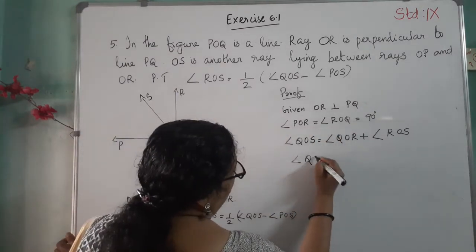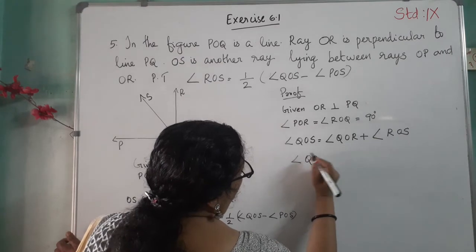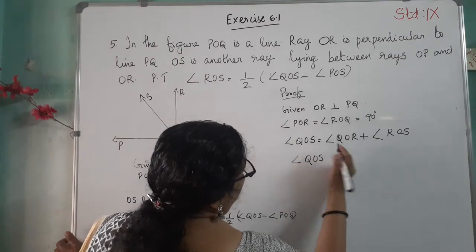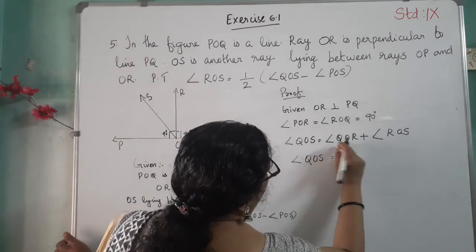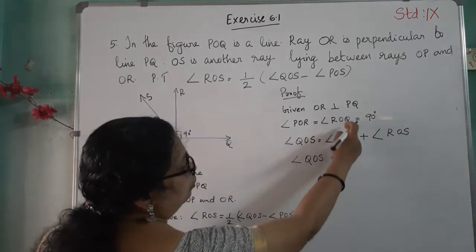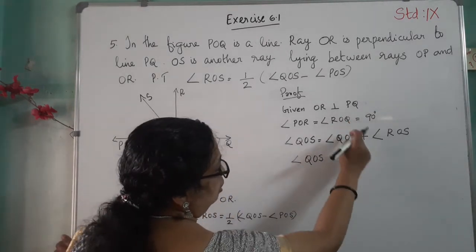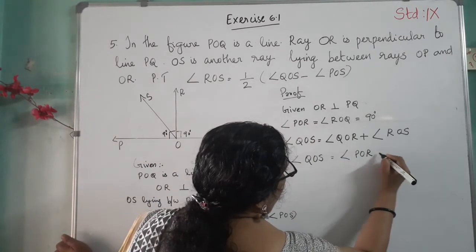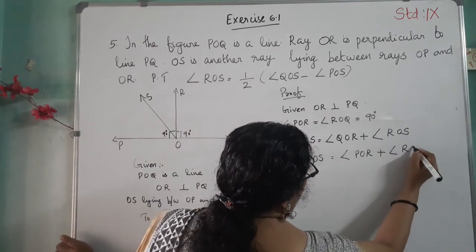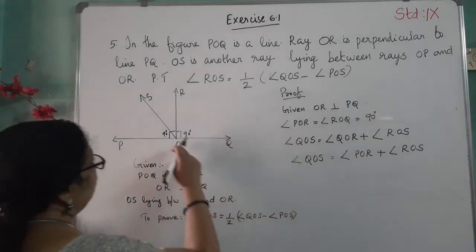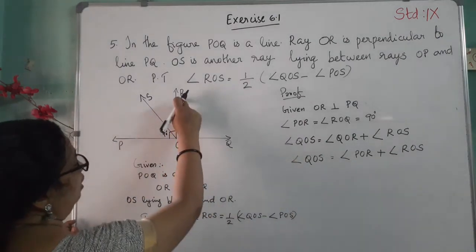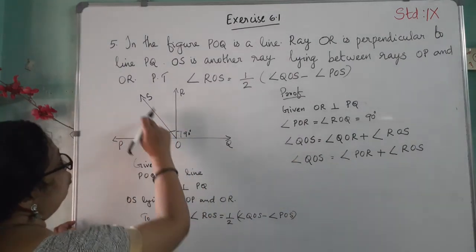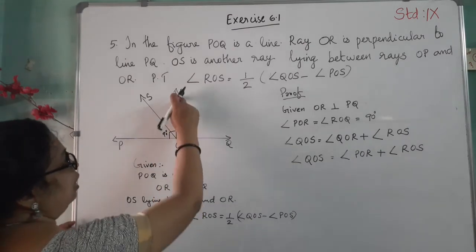So we can write angle QOS equals angle QOR. Instead of QOR we can write angle POR plus angle ROS. Then angle POR can be written as POS plus SOR.